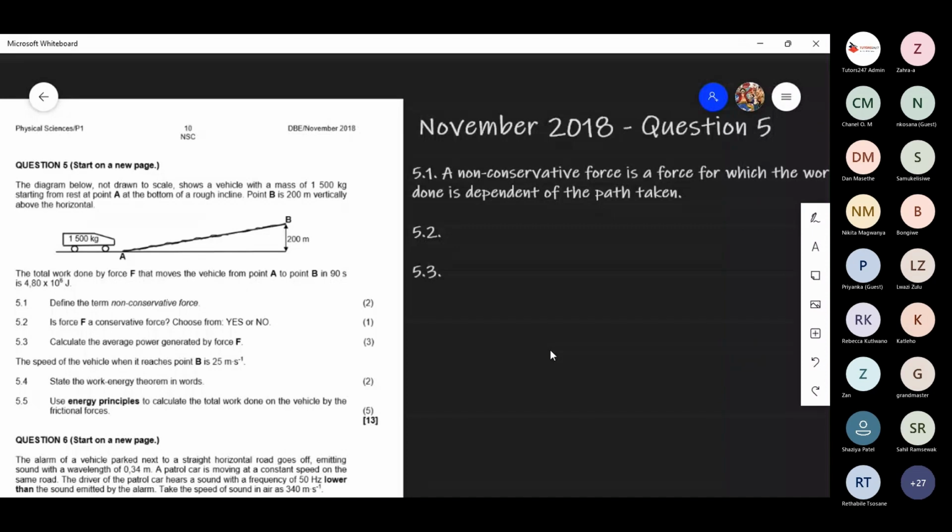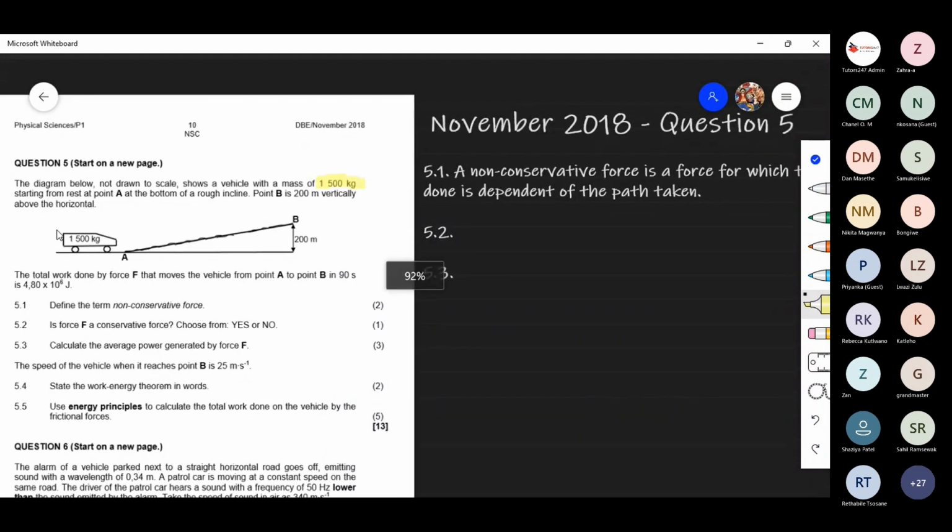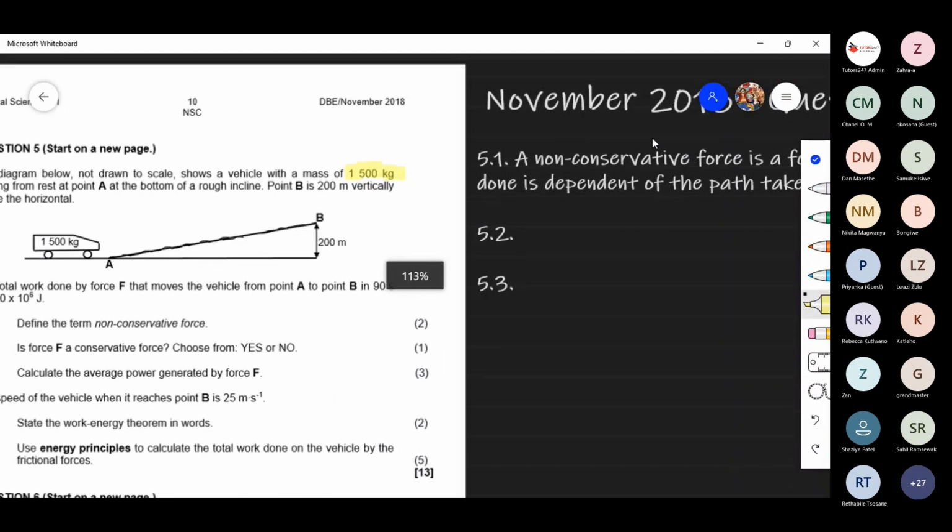It'll show whether it's a prelim paper, a November paper, and the year. Okay, so our first question: the diagram below, not drawn to scale, shows a vehicle with a mass of 1,500 kg. So that mass is important. Starting from rest at point A at the bottom of a rough inclined plane.